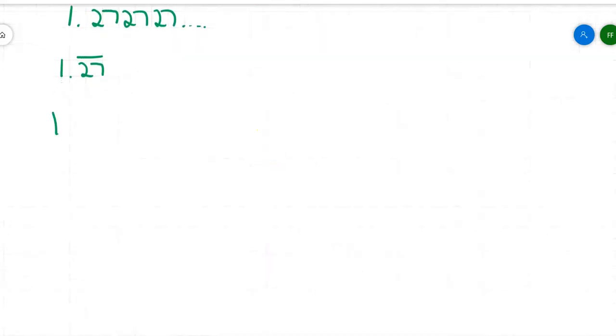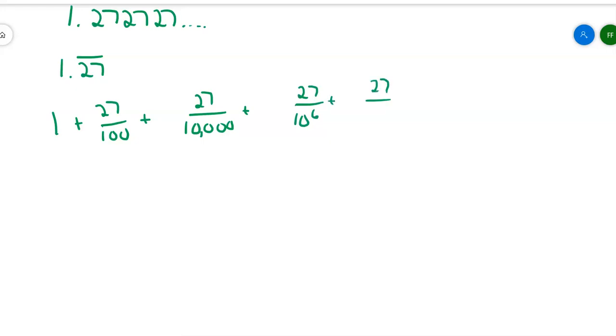Well, I could write this as 1. The first two decimal places are out of 100, so 27 out of 100. The next two decimal places are out of 10 to the 4th, so 10,000. The next 27 is really over 10 to the 6th. The next 27 is over 10 to the 8th, and this will continue on and on. So let's pull the 1 on the outside here.